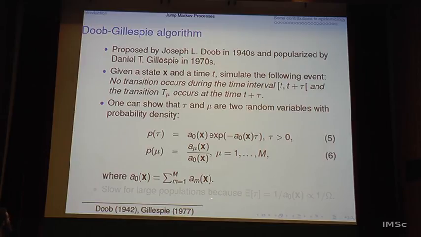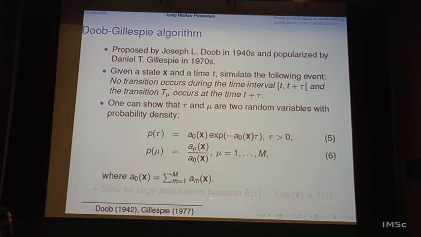So the idea is that, given a state x and a time t, I want to simulate the following event. I don't want any transition to occur during the time interval between t and t plus tau. And then at time t plus tau, the transition mu occurs. And you can see that tau, the time, and mu, the index of the transition, are two random variables with the following probability density. Here you recognize an exponential probability density, and this is just a uniform.